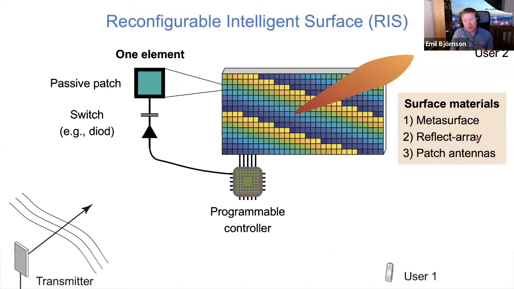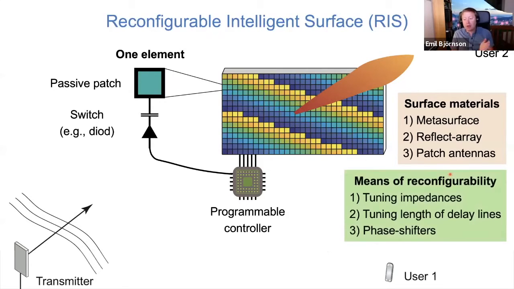There is also a concept of reflect arrays in the electromagnetic literature. People have been working on that for 50 years. And it could also be built on various kinds of conventional patch antennas. So you can find experimental works with all of these types of materials where you try to build something like this. And I think building the surface by itself is not a challenge for someone who is working in this field. We know how to build it in principle.